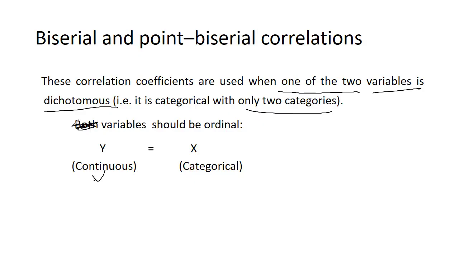One variable should be ordinal, meaning categorical, so there may be two categories, and the other variable should be continuous, meaning interval or ratio type data.